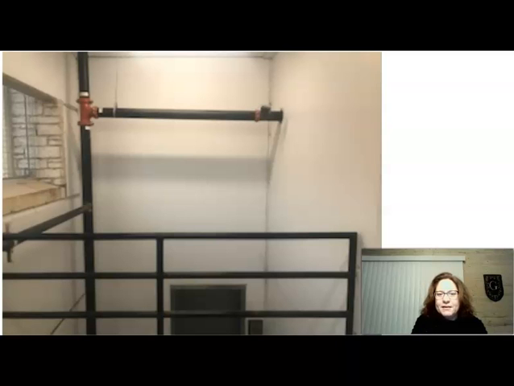So when you get up a flight of stairs and you look at the railing there and the pipes, what kind of lines do you see? What kind of angles do you see? I see some perpendicular lines. I see parallel lines, and I see right triangles. Anything else?